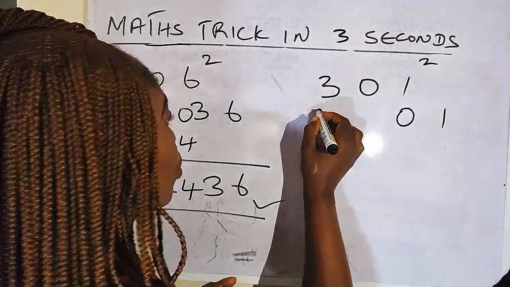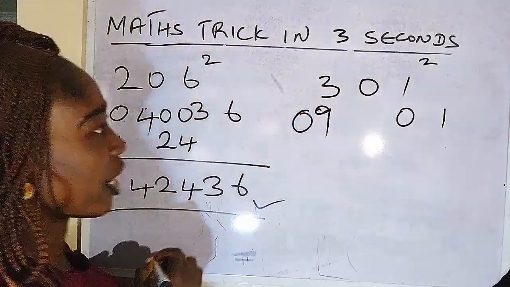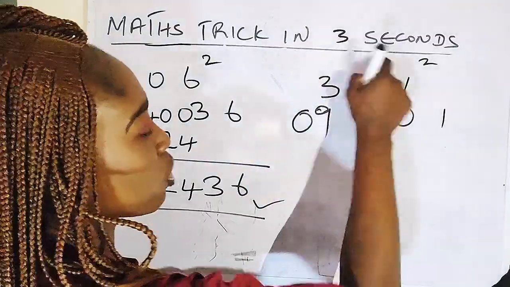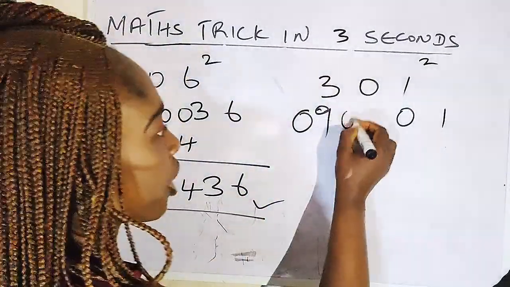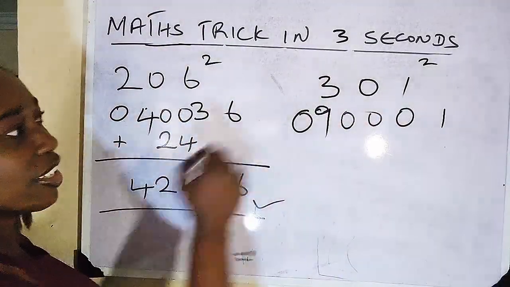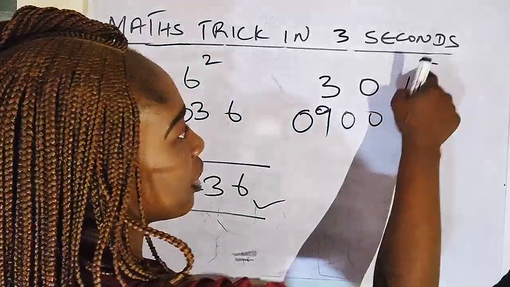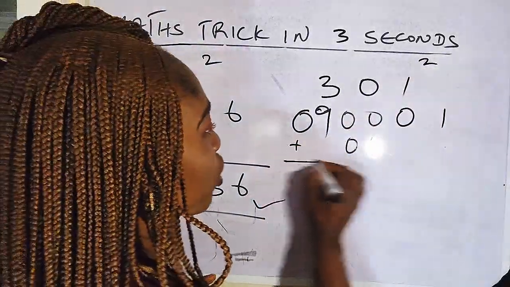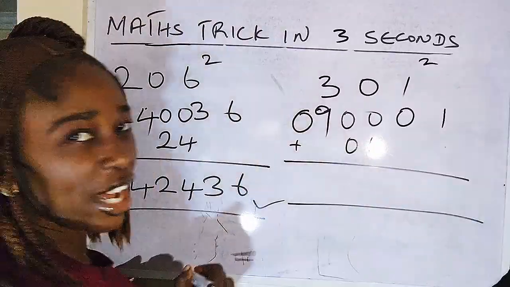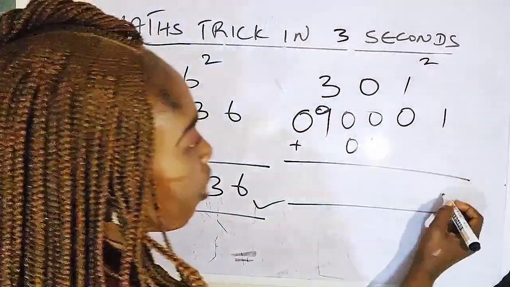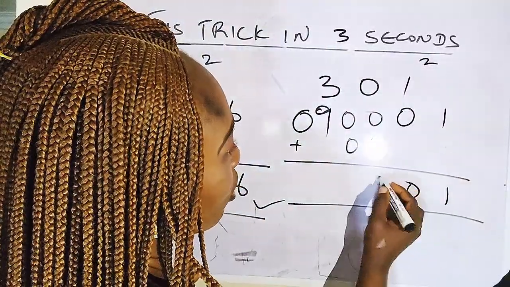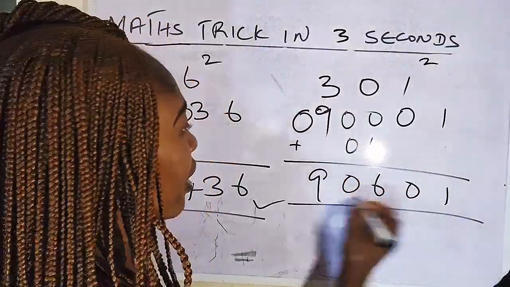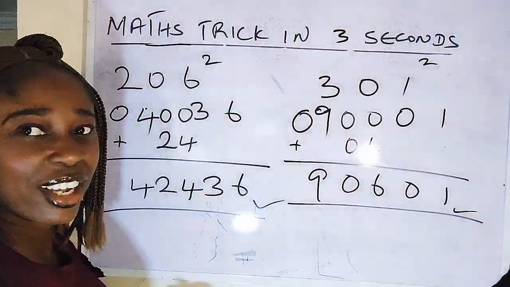Write it in 2 digits, 0 9. 0 square, 0 0. Then 3 times 1, 3, times 2, 6, 0 6 in 2 digits. I will add them together. We have here 1 0 6 0 9, and this is the final answer.